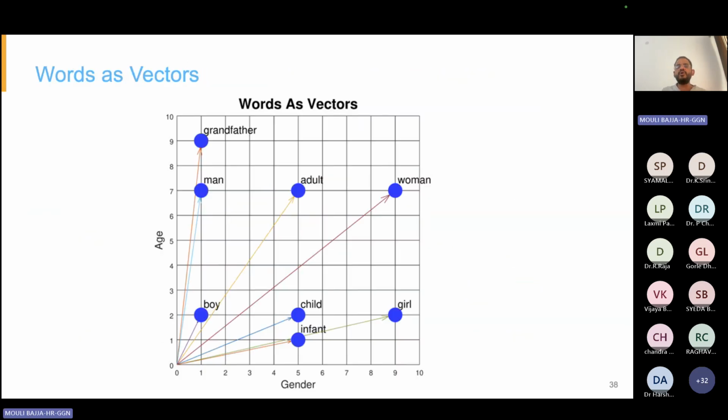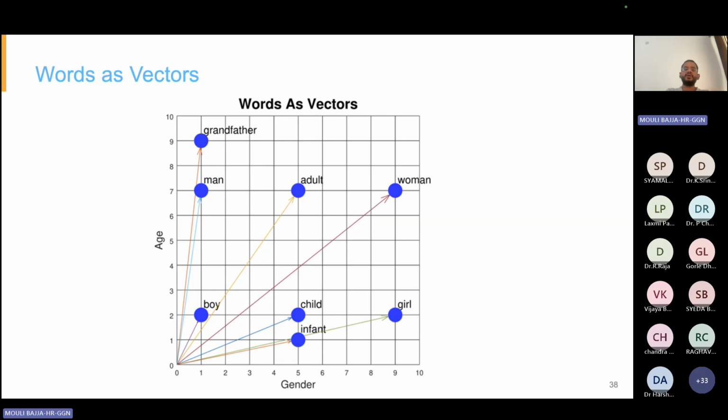Now, when we have a very large vector size, what we started noticing was that there is a good relationship between words. If you notice in this graph, you have boy, child, infant, girl, assuming that it is just a two-dimensional vector. Otherwise, in a very large dimension, it works. You notice that boy, child, infant, girl have a closer relationship.